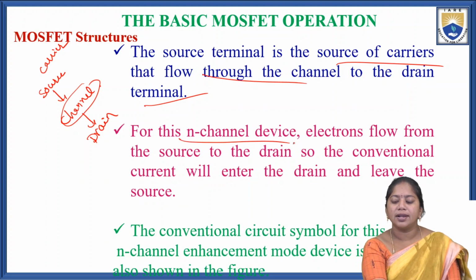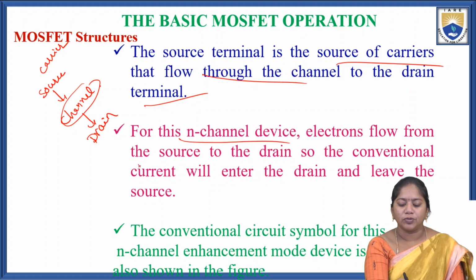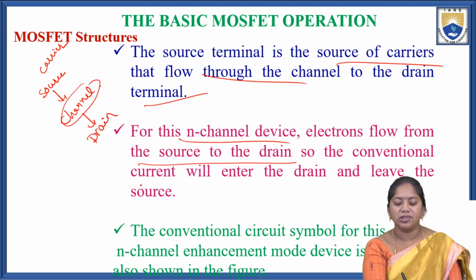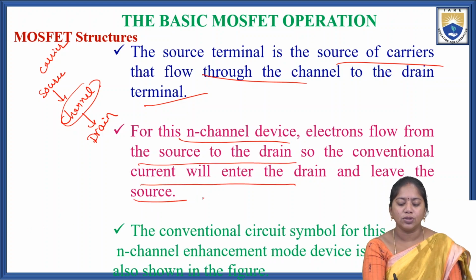For this N-channel device, the charge carriers are electrons, and electrons flow from the source to the drain. So the conventional current will enter the drain and leave the source.